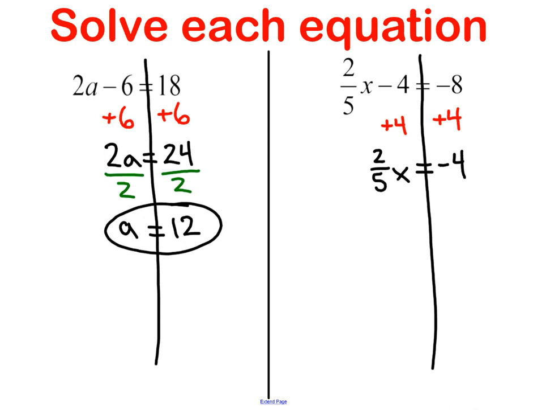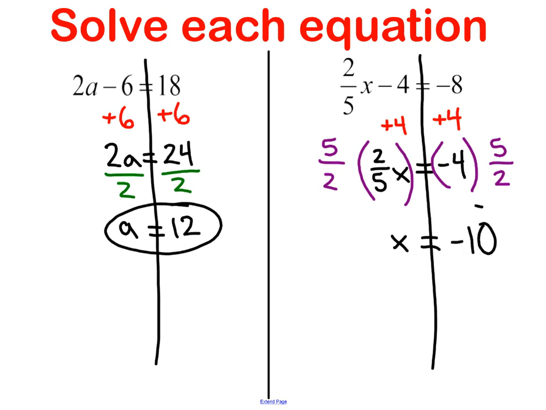If I'm multiplying by a fraction on one side, I just undo that by multiplying by its reciprocal. On the left side, I'm left with x. -4 times 5 is -20. -20 divided by 2 is -10. My variable is isolated, so I'm done with that problem.